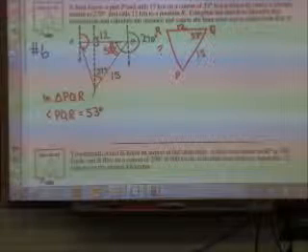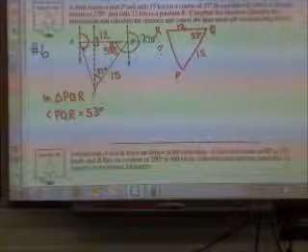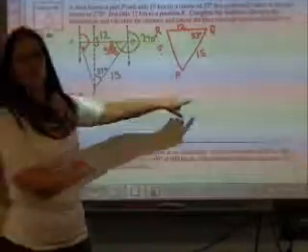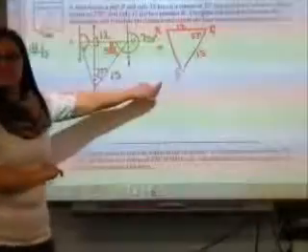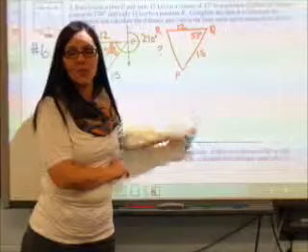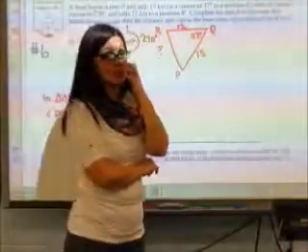How can I find out PR? What can I use? Not SOHCAHTOA. Why can't I use SOHCAHTOA? What do I need for SOHCAHTOA? I need a 90-degree angle. I need a right triangle. But I can use the cosine law.